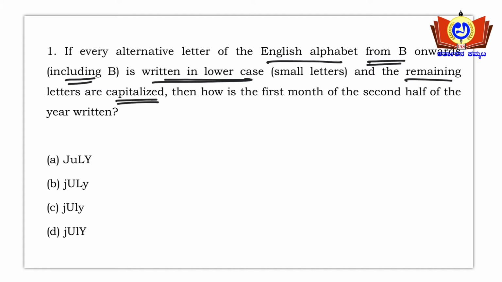So B will be lowercase, A will be uppercase, C will be uppercase, D will be lowercase, E will be uppercase, F will be lowercase, and it goes on like this.